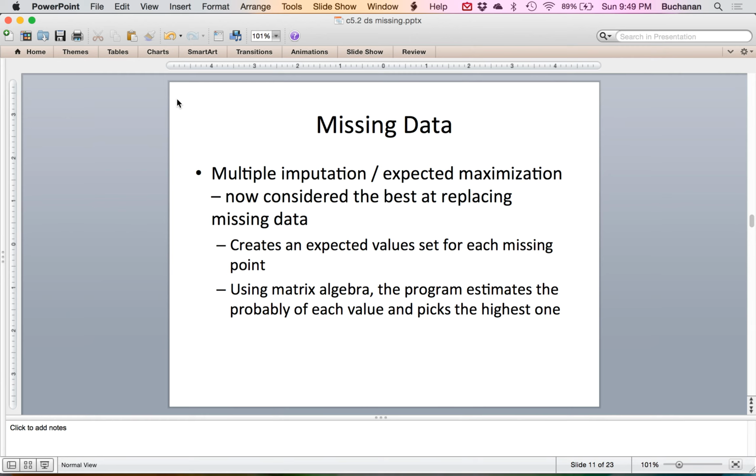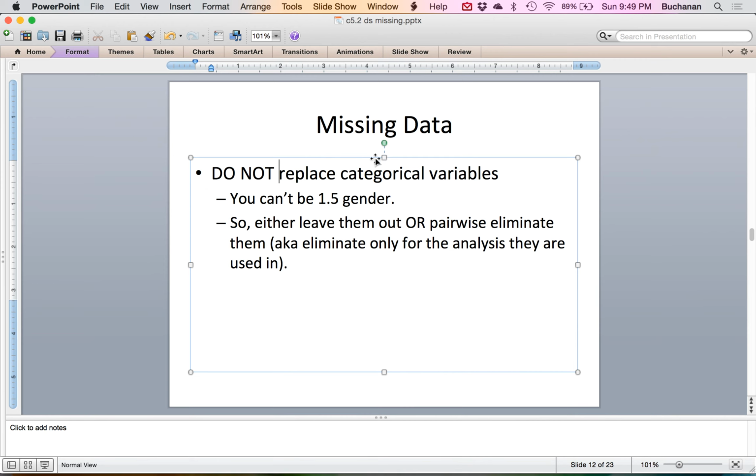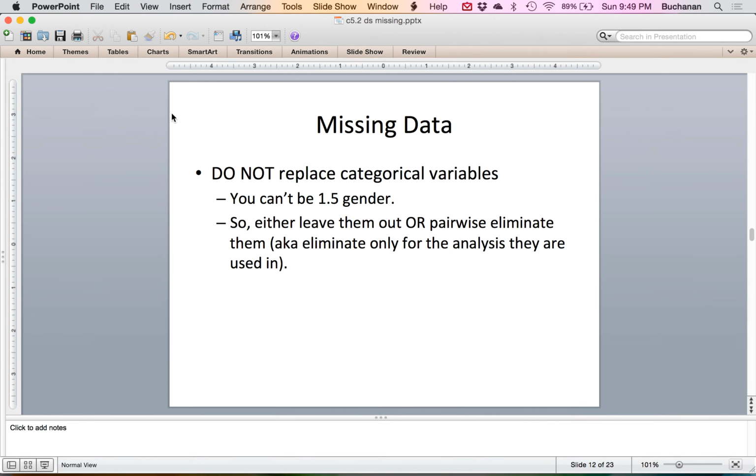And expected maximization is where you create lots of different scores and you pick the most likely one. Okay? And so we're going to multiple impute here. One big thing is, and this should just say don't replace, take out the word mean here. That's left over from my SPSS days, but don't replace categorical variables.